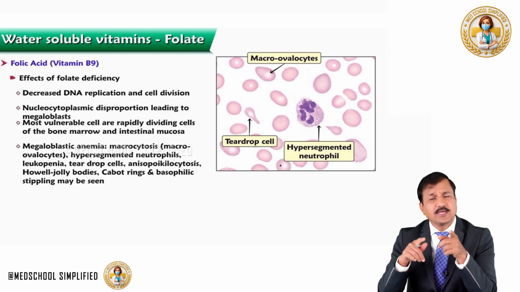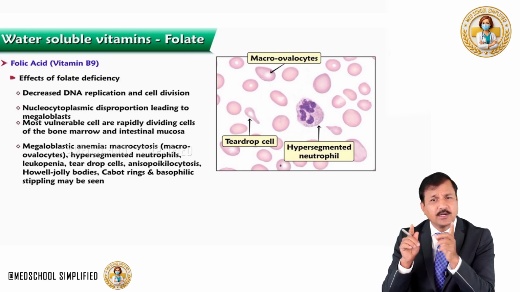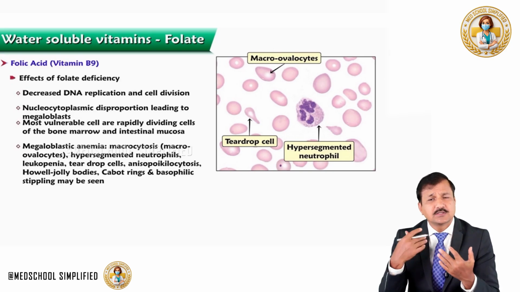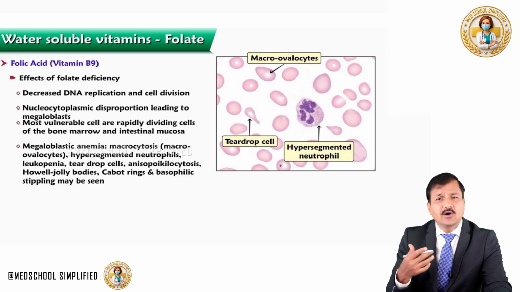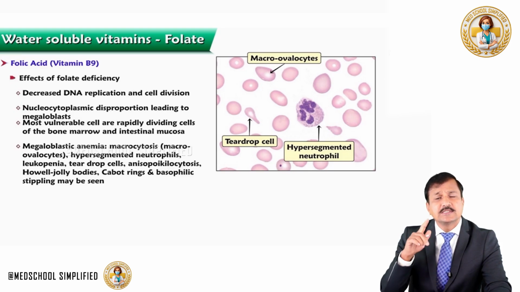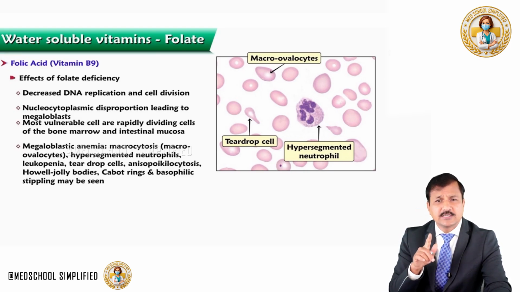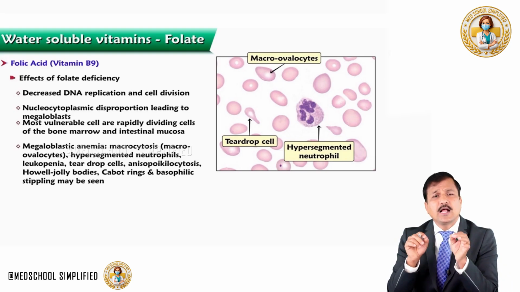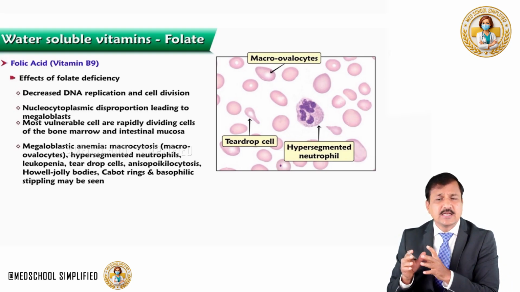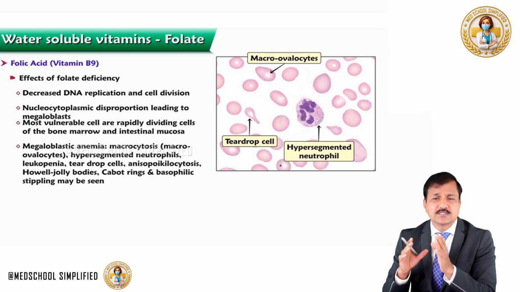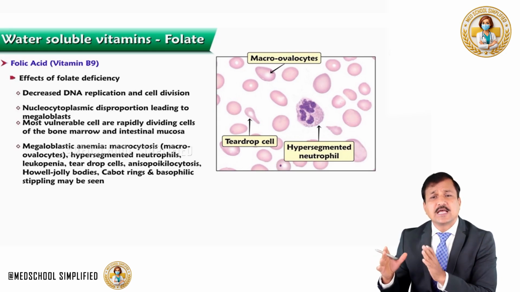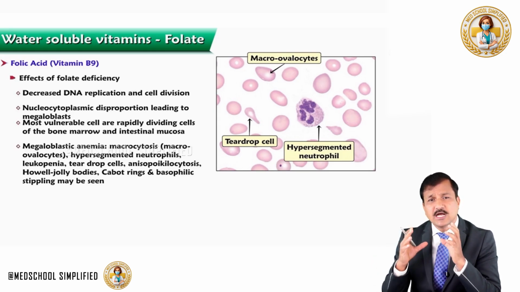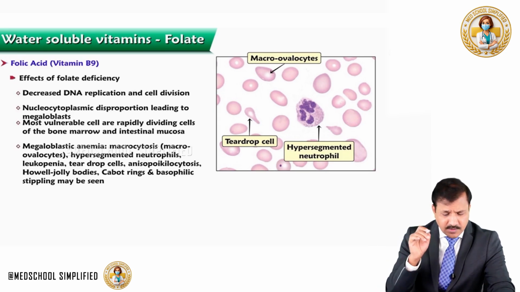So folic acid deficiency means N10 formyl tetrahydrofolate does not come in, that means purine bases are not synthesized. And the second one is the pyrimidine deoxythymidine monophosphate synthesis, which needs N5-N10 methylene tetrahydrofolate. So that is also not coming in folic acid deficiency. So overall, purine and pyrimidine availability is less. That means DNA replication is less, and that will affect cell division, so cell proliferation. That's how folic acid deficiency affects cell proliferation.